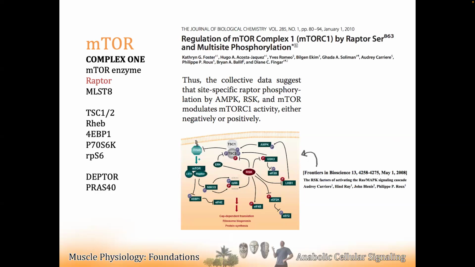Another form of mTOR crosstalk here is tuberin. RSK inhibits tuberin like PKB would. And you know that tuberin inhibits Rheb, and Rheb would be activating mTOR. So PKB and RSK inhibit the thing that suppresses mTOR activity, which obviously makes PKB and RSK very anabolic.